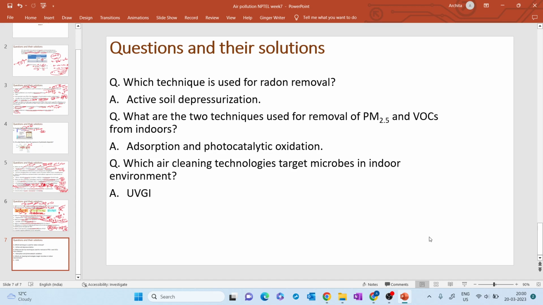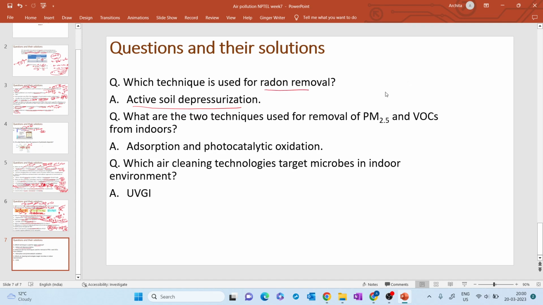Now this is the last one. As I said, for regions where there is high radon pollution because of soil, there is a technique called active soil depressurization. This technique helps in radon removal.